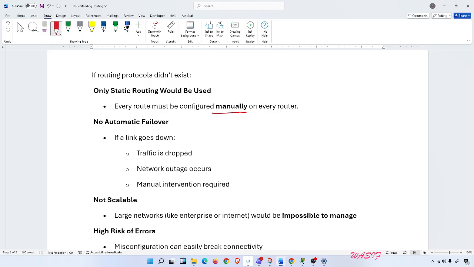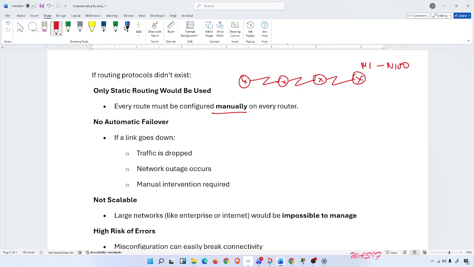Think of it this way: let's say you have 100 networks, network 1 to network 100. Every network, wherever they are distributed among the routers, you need to configure everywhere manually.